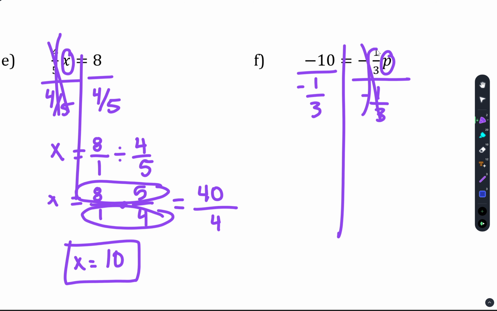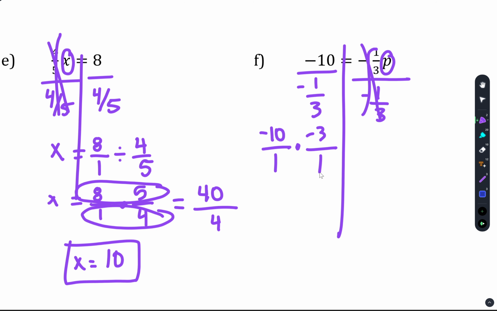I'm going to keep my first number the same. That first number is -10. I'm going to write it as a fraction, -10 over 1. I'm going to change the sign from division to multiplication. And then I'm going to flip that fraction upside down. So instead of -1 over 3, I'm going to have -3 over 1.